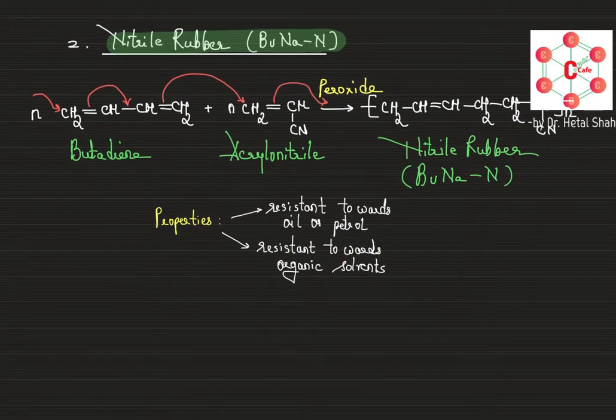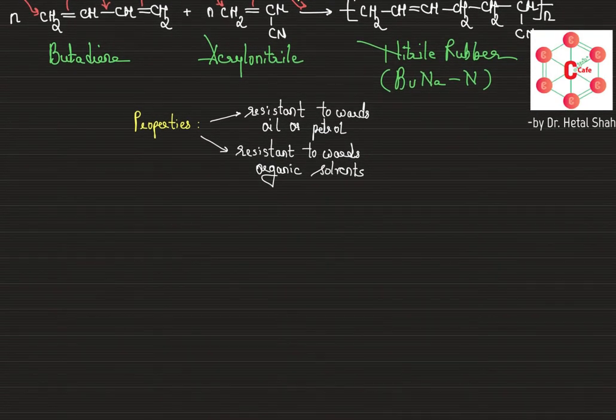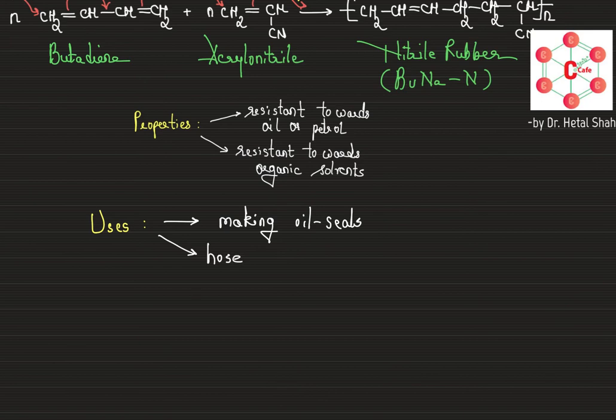So this is one of the key properties about this polymer here, and that is the reason why it has some very special uses. So if you go through the uses of this polymer, you find that the uses would include making oil seals. See, oil seals, the seals would not get affected by oil. Making hose pipes through which organic solvents or petrol or oil is transferred.